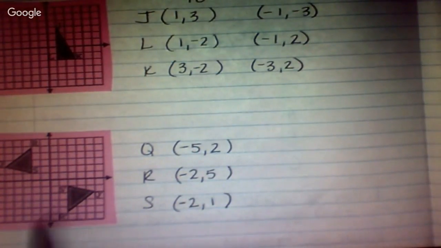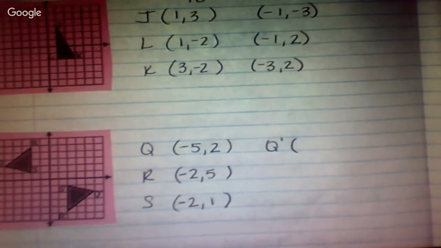Okay. Let's find out where our primes are. Q prime is where? It's 5 to the right and down 2. So (5, -2).